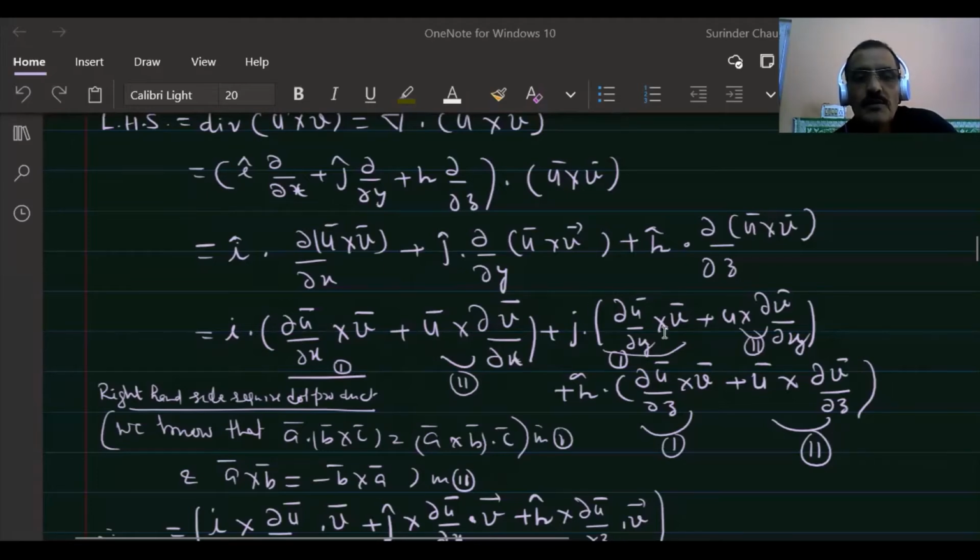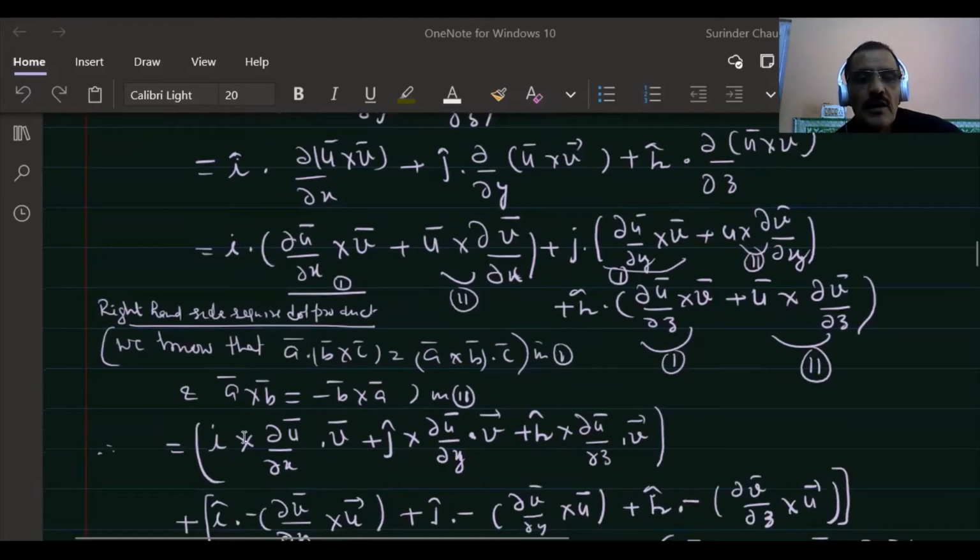In the first three terms, we will use the scalar triple product of three vectors: a dot b cross c is equal to a cross b dot c. So we multiply dot with the iota, with the j, and with the k, and apply this product.